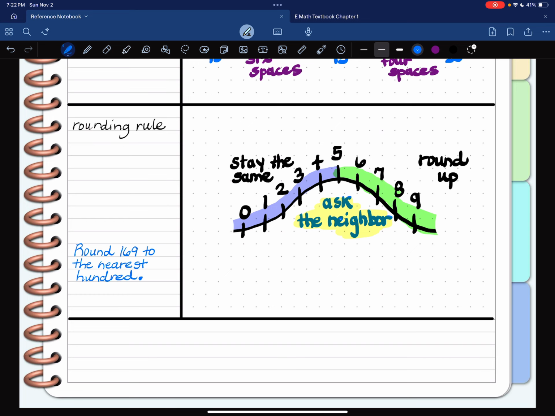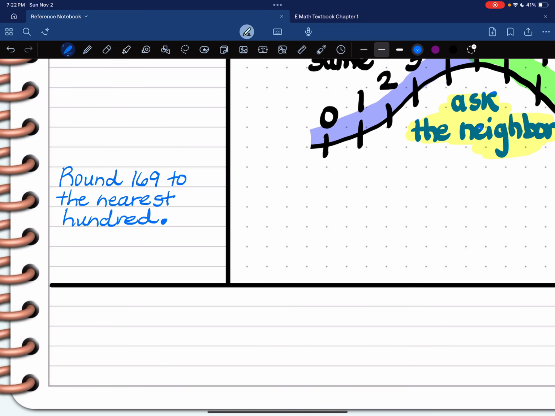So one way to do it is to look at a number line. Let me draw one right here. So sketch yourself a number line. 169, so 100 is the low end. The next 100 would be 200.